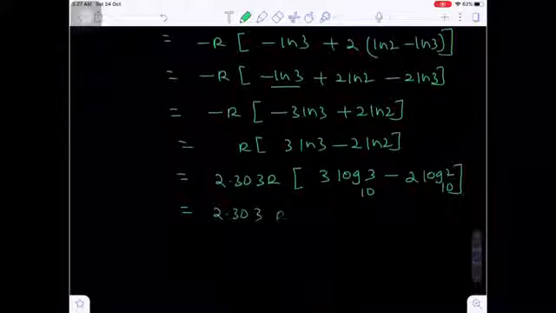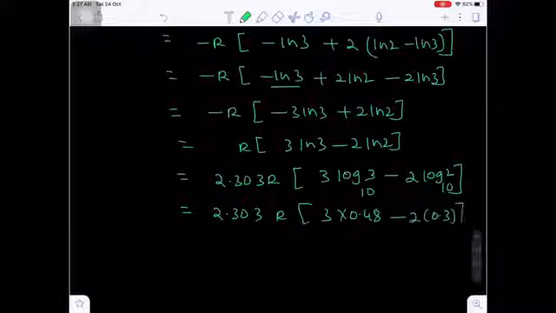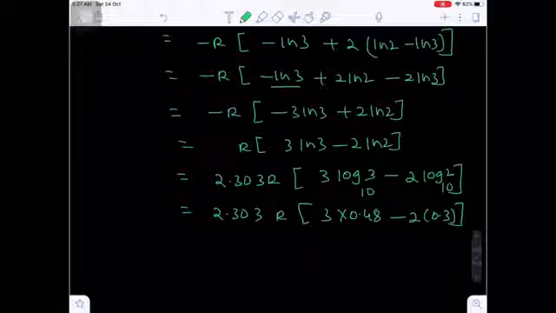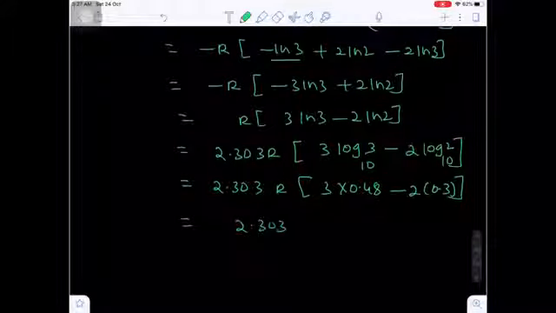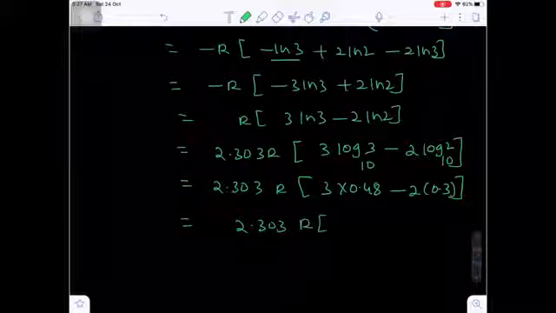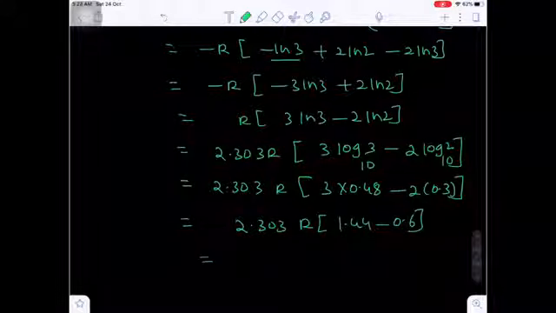Okay, so 2.303 R. Do you know log 3 value 0.48? So 3 into 0.48 minus 2 into, do you know log 2 value? Log 2 value how much? 0.3. Okay, so 2.303 into R, this will be 1.44 minus 0.6.